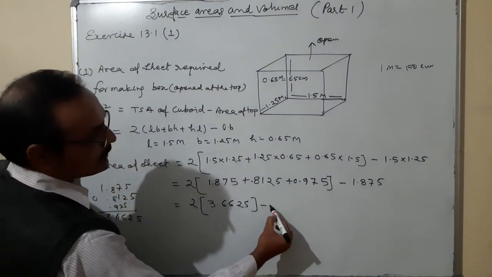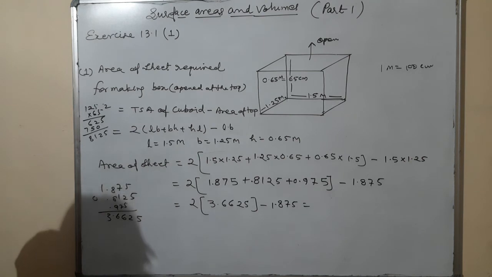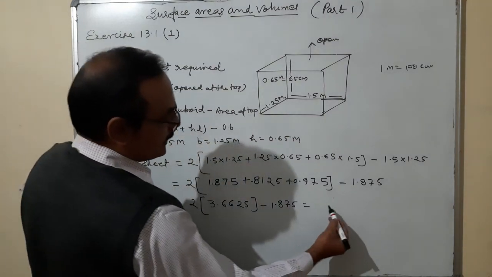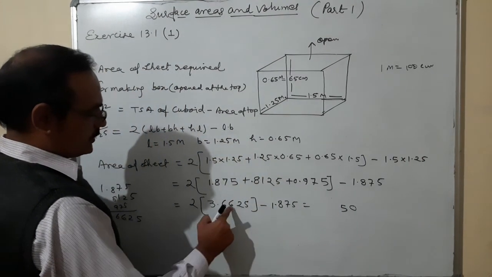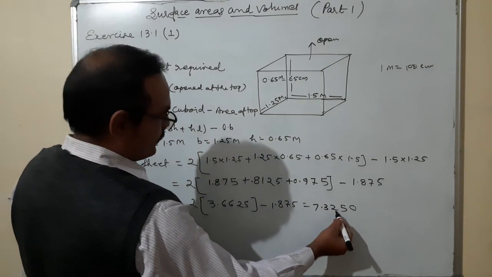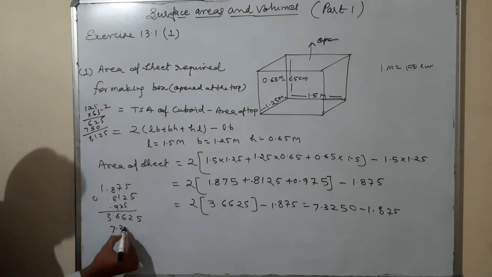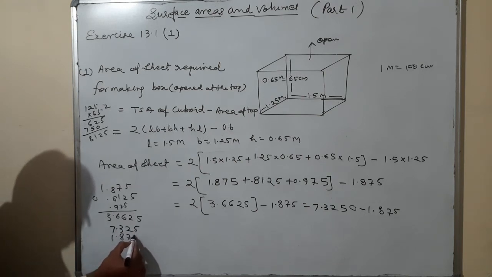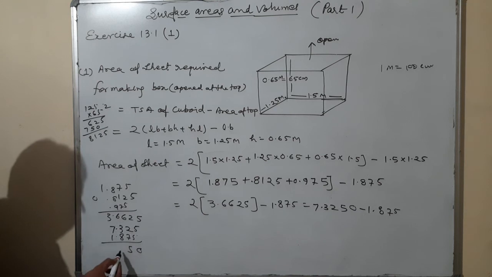3.6625 minus 1.875. It is coming 3.6625 multiplied by 2, which is 7.325. Then 7.325 minus 1.875, so the result is 5.45.